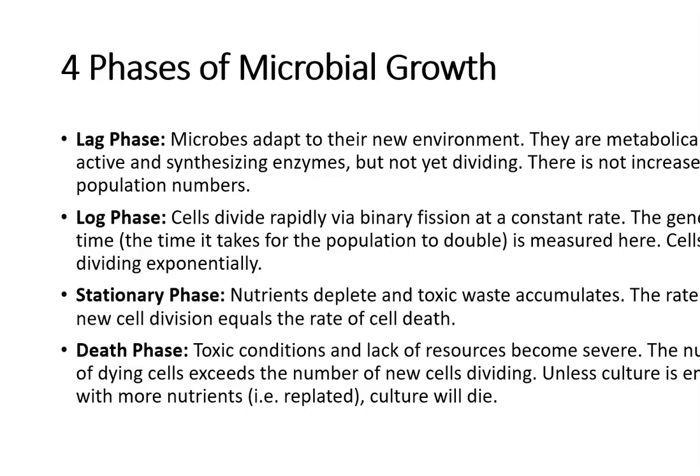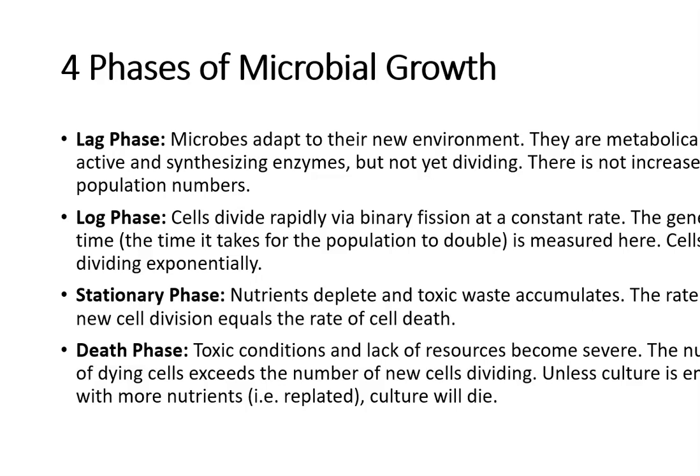There's a limited source of nutrients in an agar plate. So these nutrients get depleted, and as you deplete these, toxic waste builds up. So the rate of new cell division begins to slow down, and eventually you get a phase called stationary phase, where new cells are dividing at about the same rate as the cells are dying.